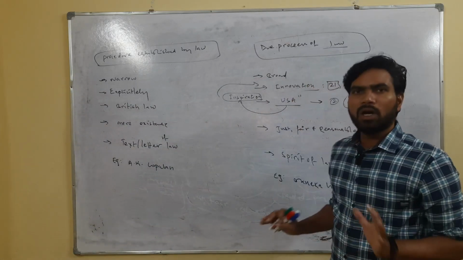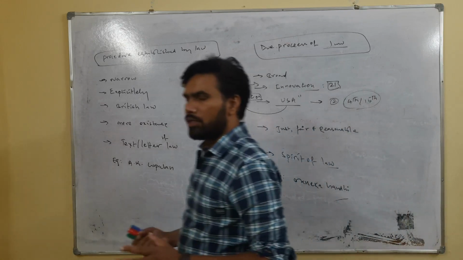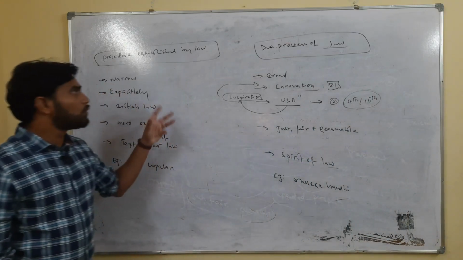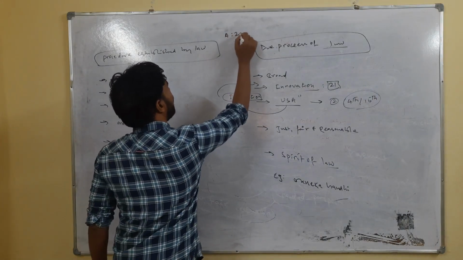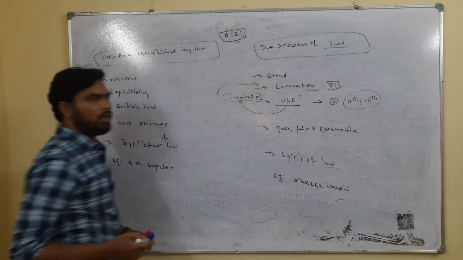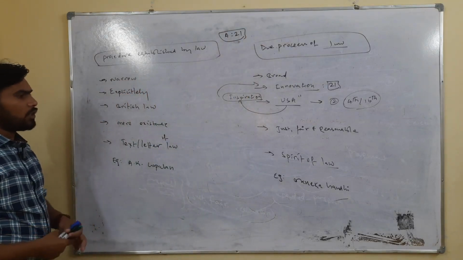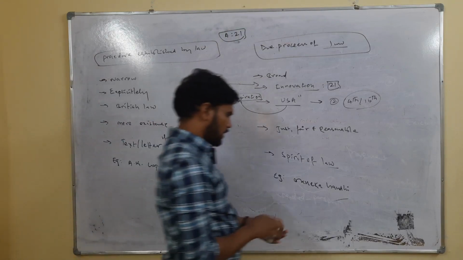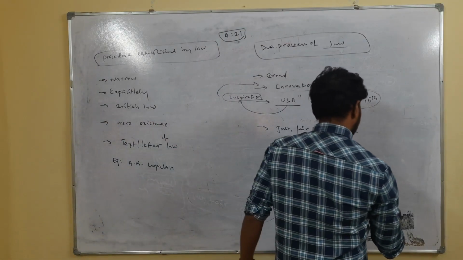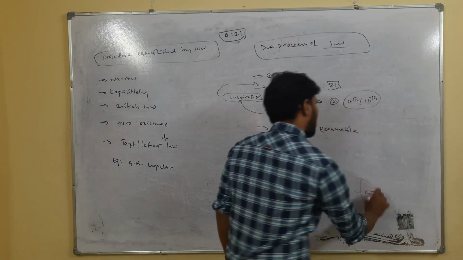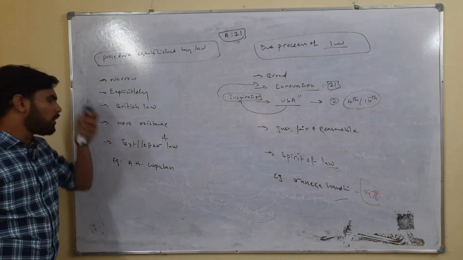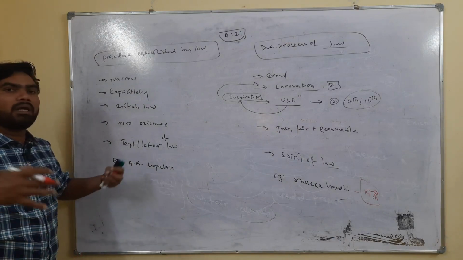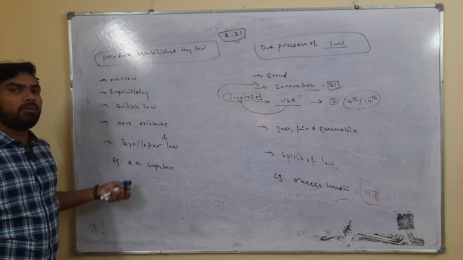Okay, I hope now you understand both the concepts under Article 21: procedure established by law and due process of law. In 1978, this due process of law was invented under Article 21, and since then the Supreme Court has started interpreting Article 21 very widely.